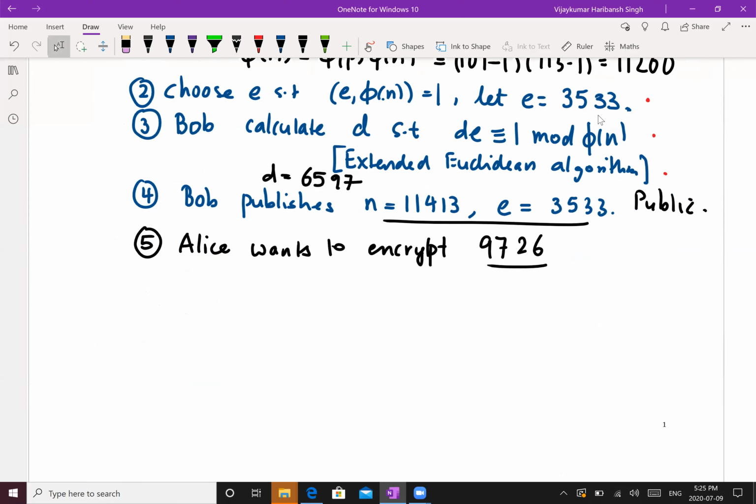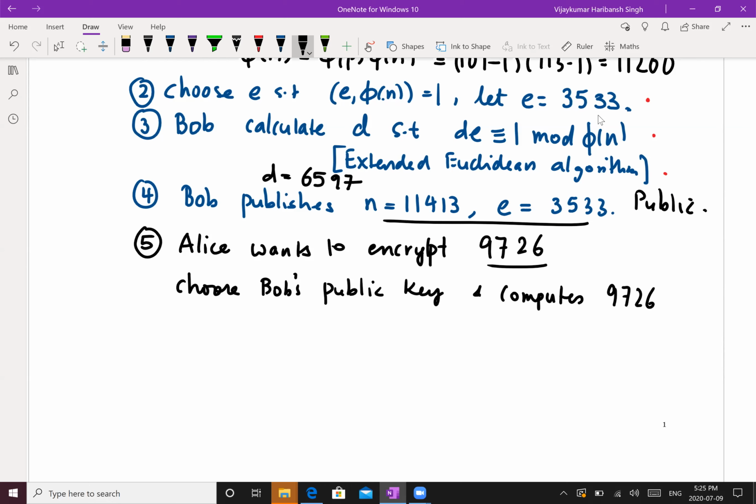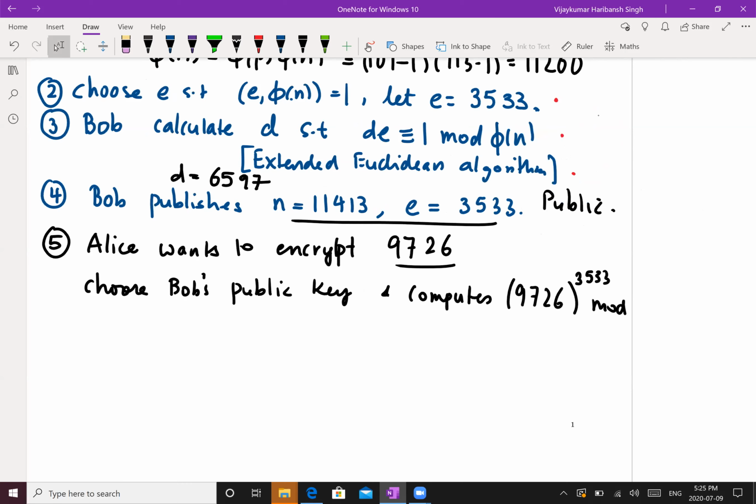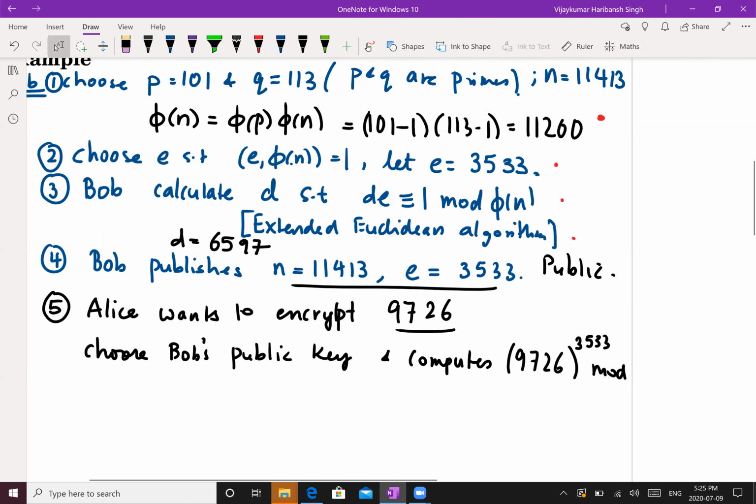So Alice takes Bob's public key and computes 9726 to the power 3533 mod 11413.